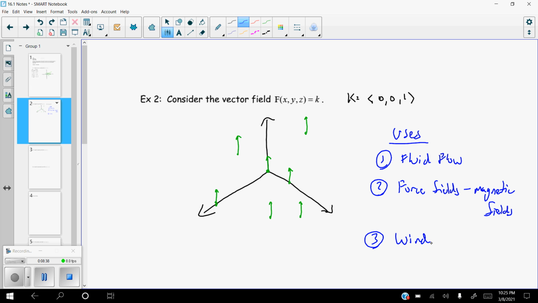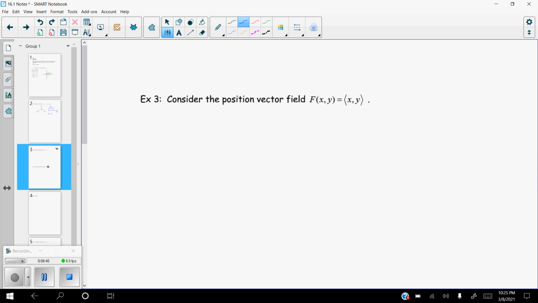All right, so let's go ahead and move to the position vector. We want to consider the position vector field for x, y. Again, not really that difficult to do any of these things, and I really don't expect that you're going to have a hard time with any of this stuff. The position vector is always going to be defined as x, y.